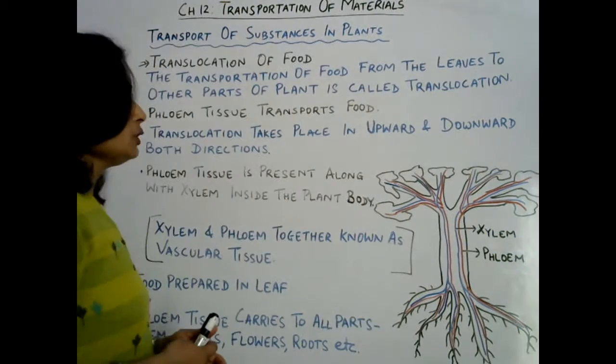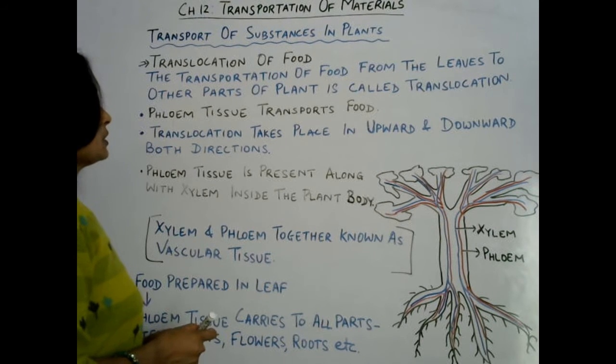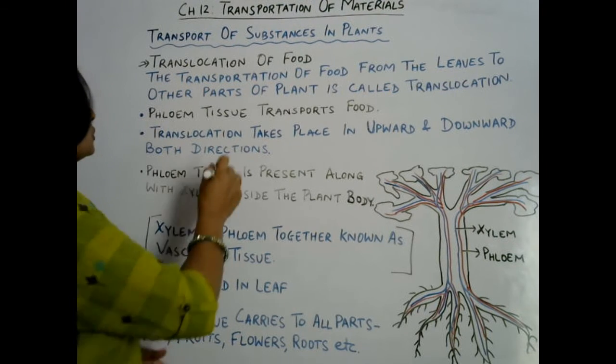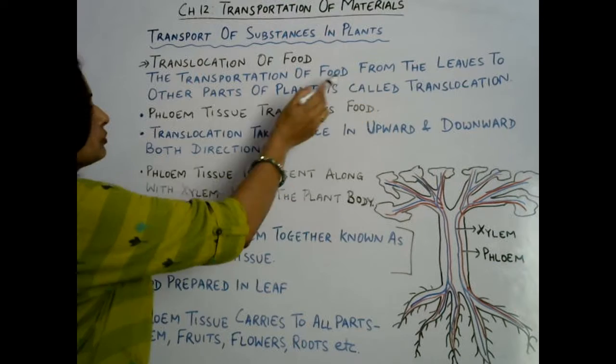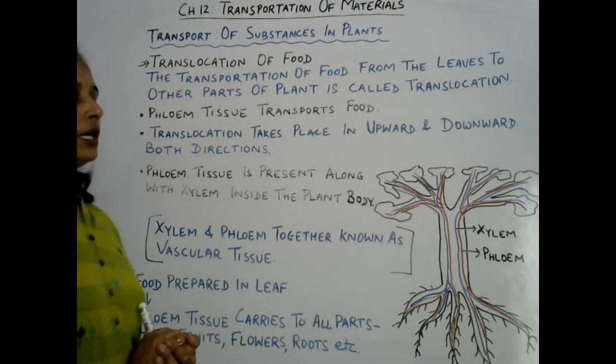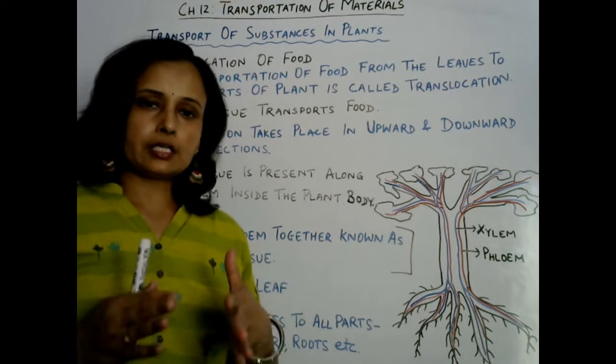Okay, so transportation of food is known as translocation. Basically, translocation is transportation of food. The transportation of food from the leaves to other parts of plant is called translocation. And if we talk about water and minerals, then that is transportation only.